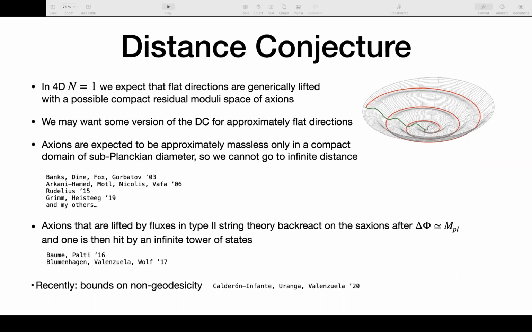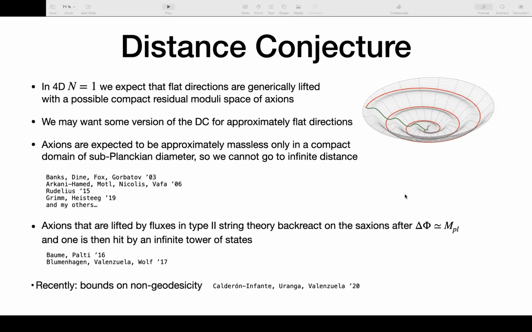And in particular, in type IIB flux compactifications and type IIA flux compactifications, it was shown that if we try to displace an axion with a potential generated by fluxes, then after a distance of order 1 in Planck units, also the saxions receive a back reaction. So the trajectory curves into the saxions, and one is hit by an infinite tower of states.